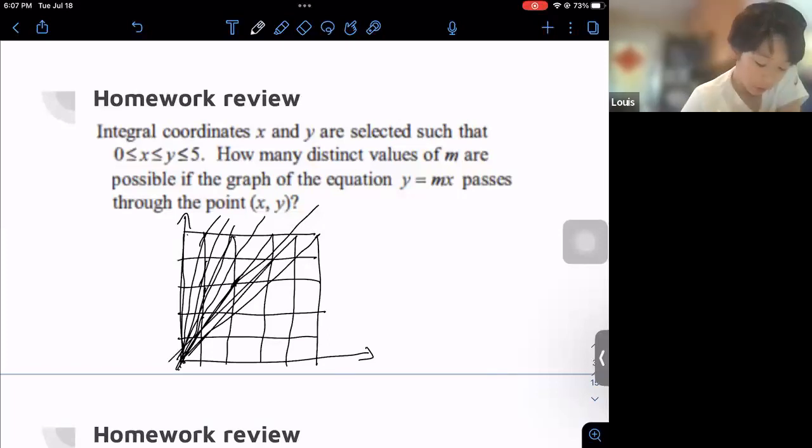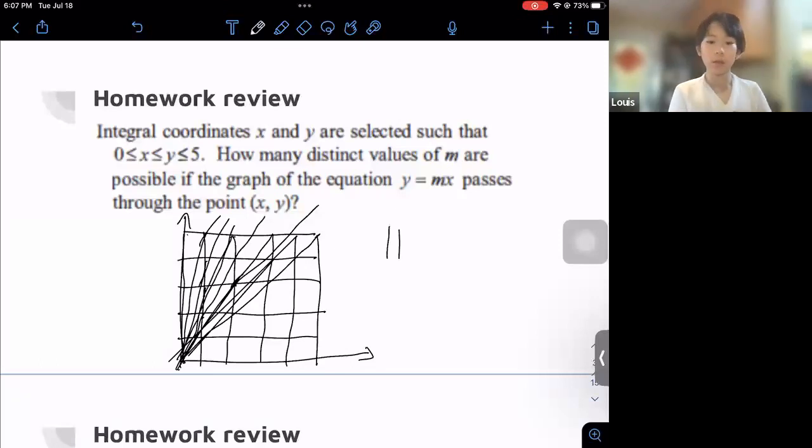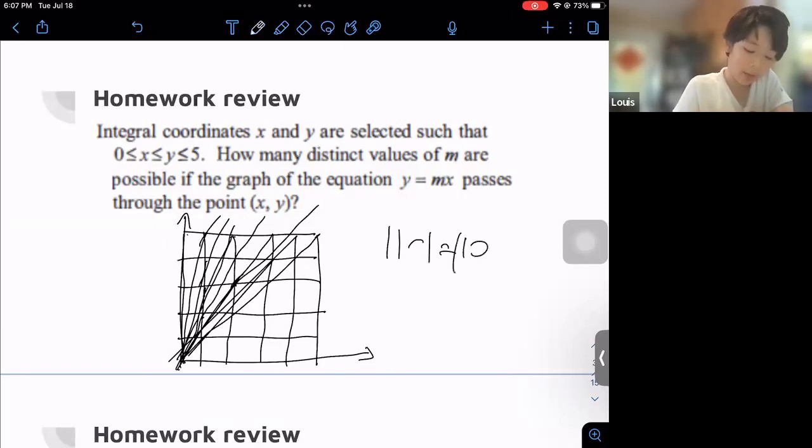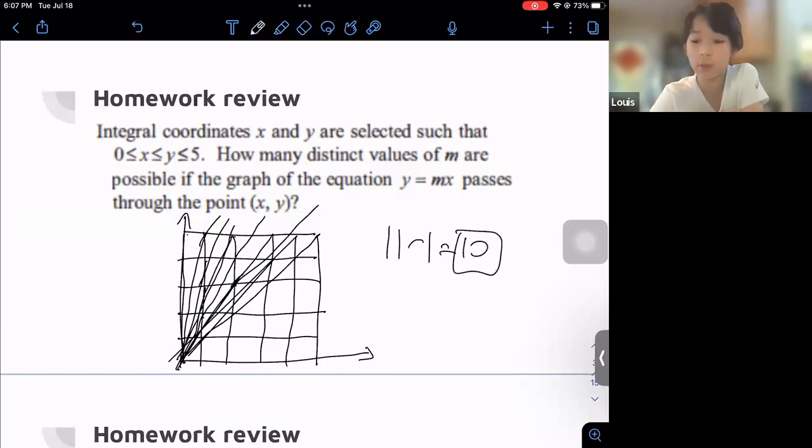So we have 11 lines, but for this line right here, this m is undefined because it's vertical. So we have to minus this one, so it's 10 as the answer. Questions?